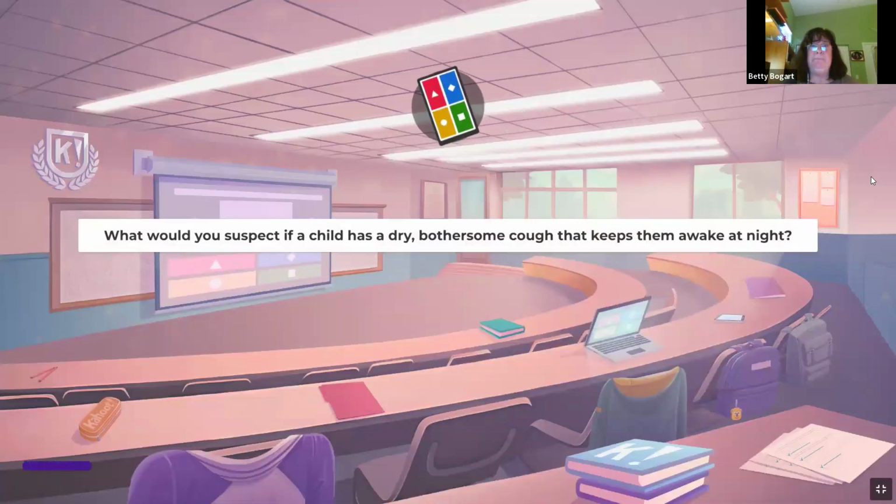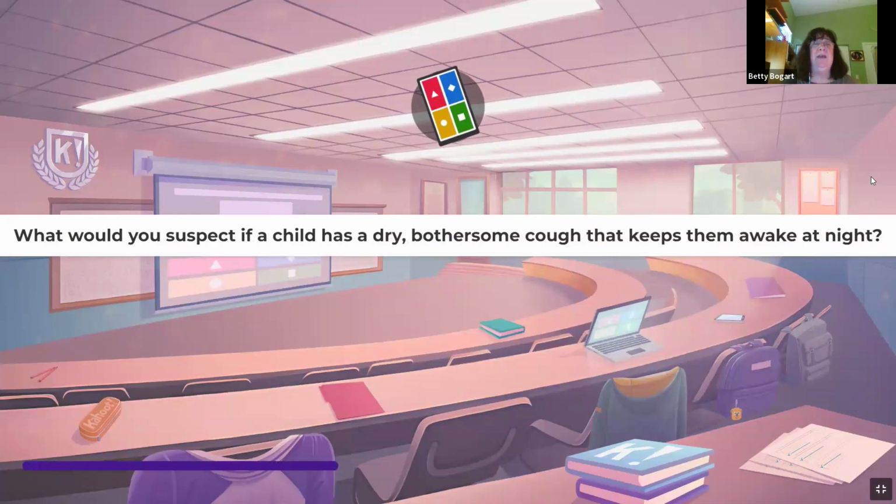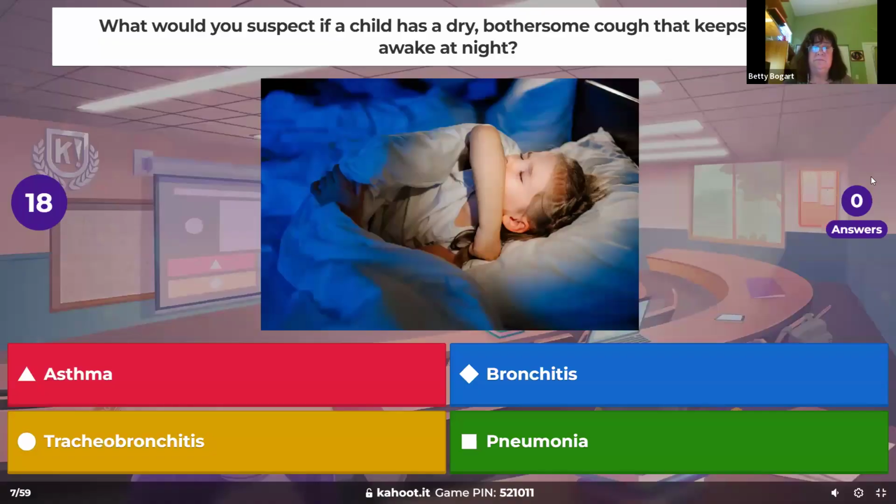What would you suspect if a child has a dry, bothersome cough that keeps them awake at night? So we've talked about pneumonias, croup, epiglottitis, bronchitis, and asthma. Which one?